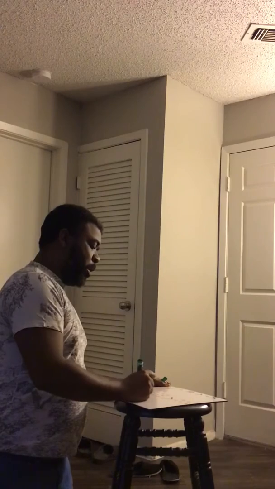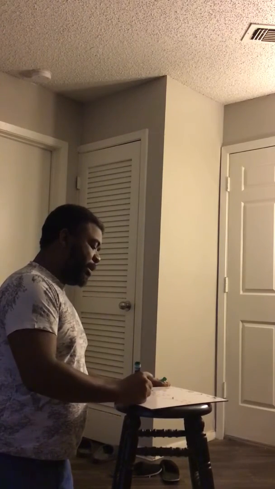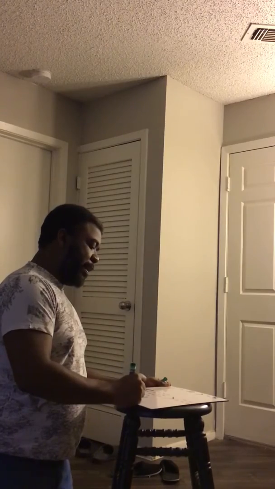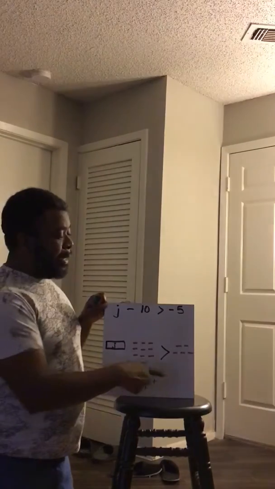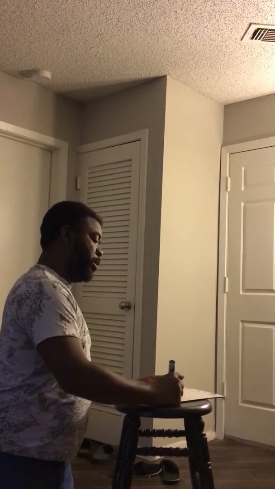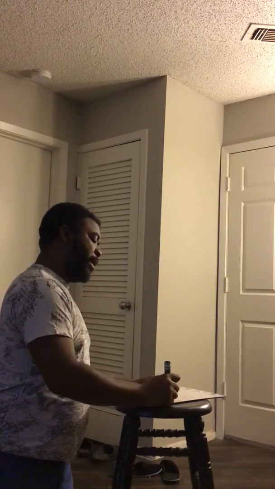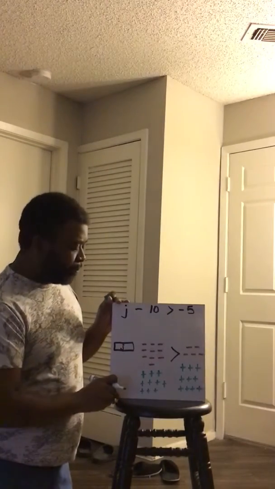So 1, 2, 3, 4, 5, 6, 7, 8, 9, 10 positives on this side. So I need 10 positives on this side, because remember, I've got to keep them balanced. 2, 3, 4, 5, 6, 7, 8, 9, 10. Everybody see that?